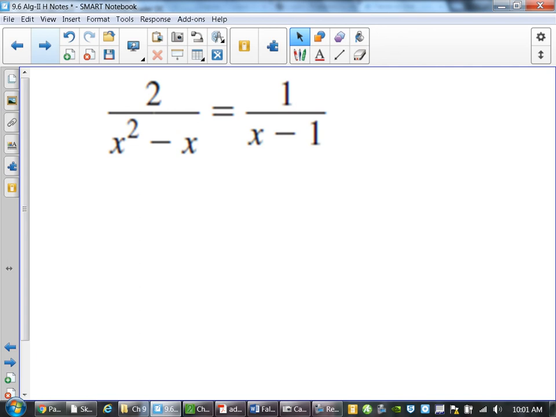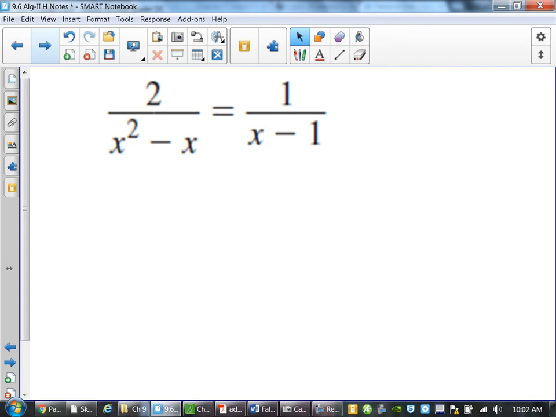This, believe it or not, is the easiest one we have. It is, because what would you do if you had this? You cross multiply, right?